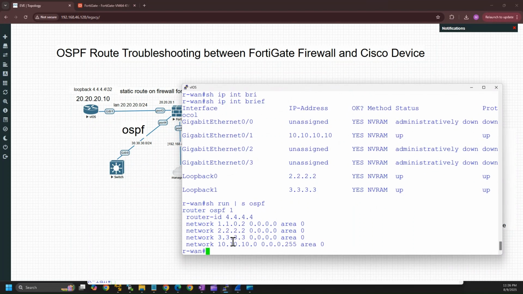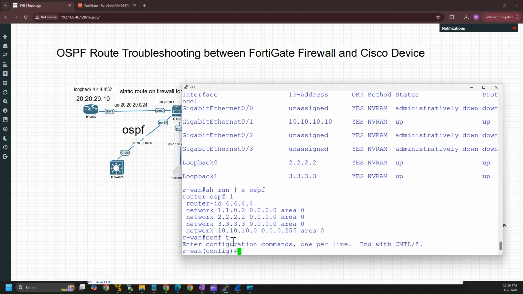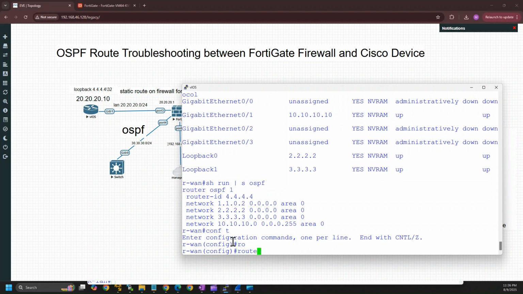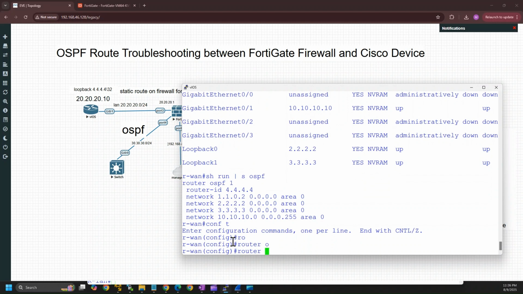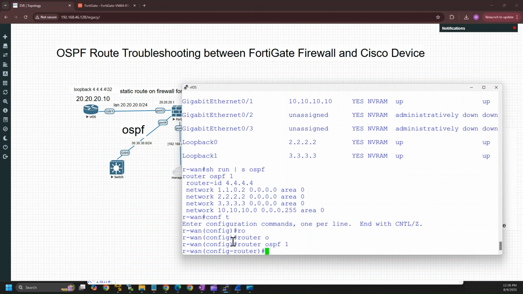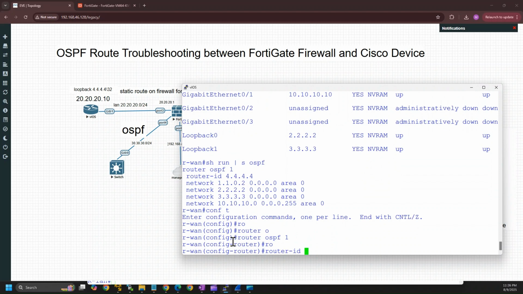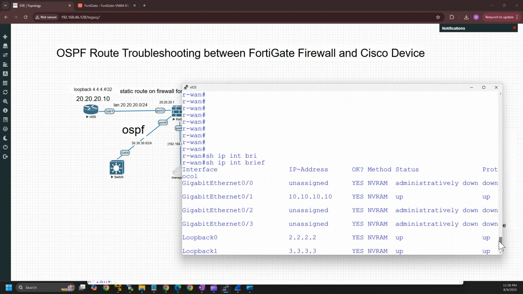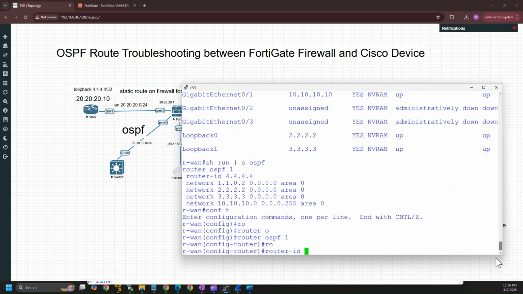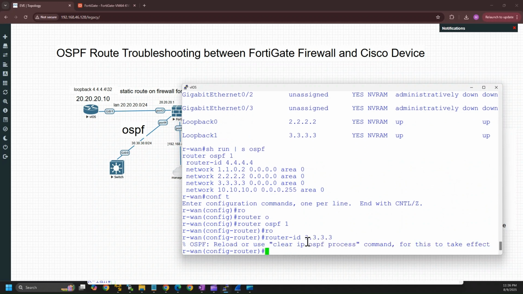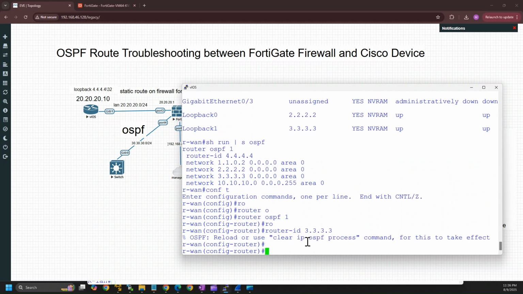So we go on configuration and change the router ID to what it was before. Under router ospf 1, we took the router ID from one of the interfaces and put it as 3.3.3.3.